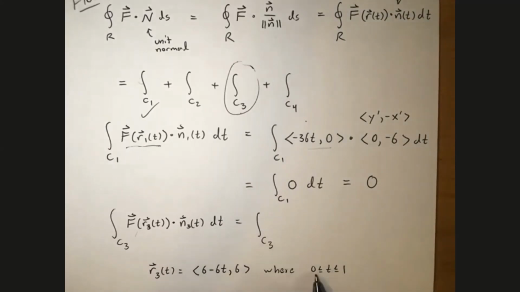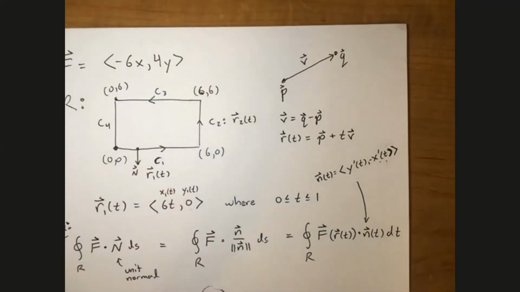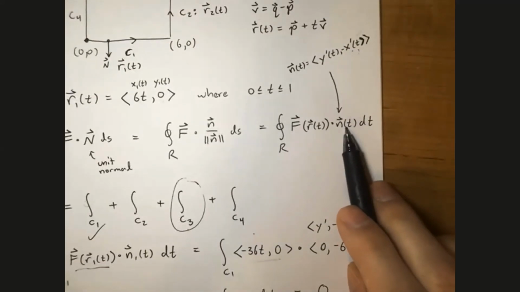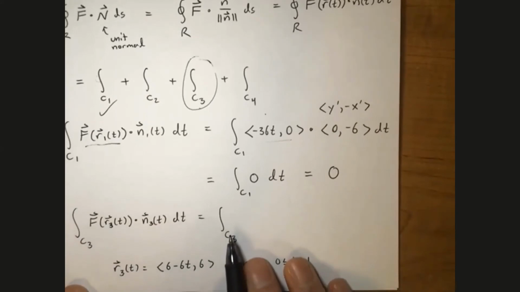When t is 0, this will be 6, 6, and when t gets to 1, this will be 0, 6. So that will take us from here to here. We also need to find this n. It's going to be y prime comma negative x prime. So we can write that down here.